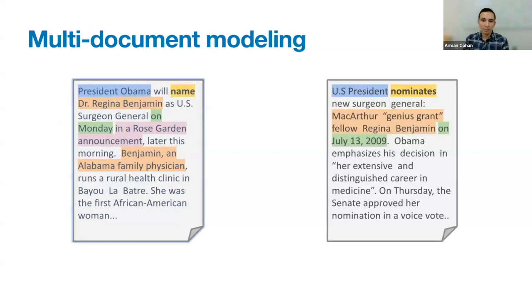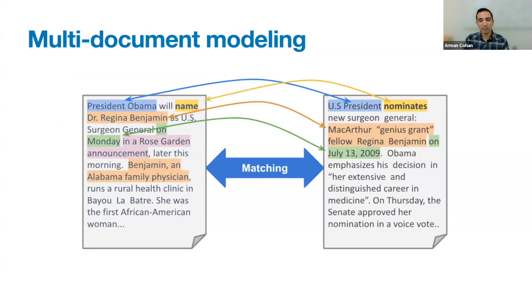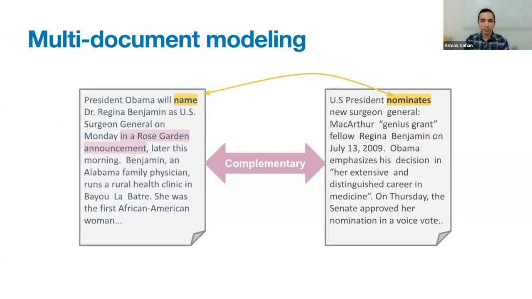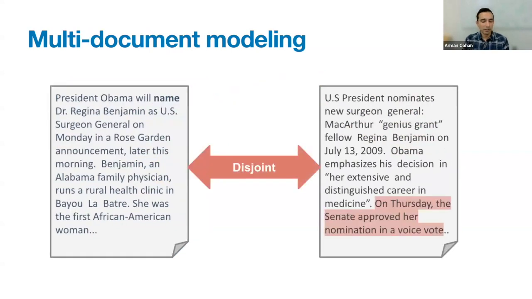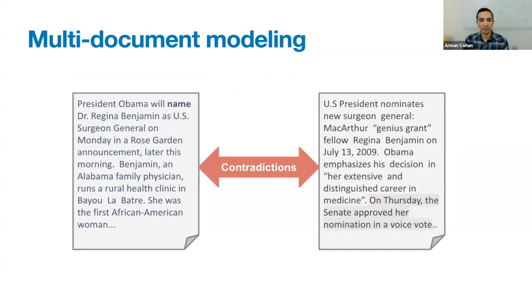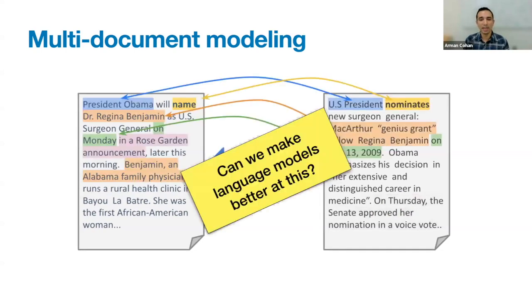In multi-document modeling, you usually have information that can be matching other information from another document. Or you might have information that could be complementary to what other documents are mentioning. Or the information could be disjoint, or in some other cases, there might be contradiction. One document might say something, the other document might completely contradict that.